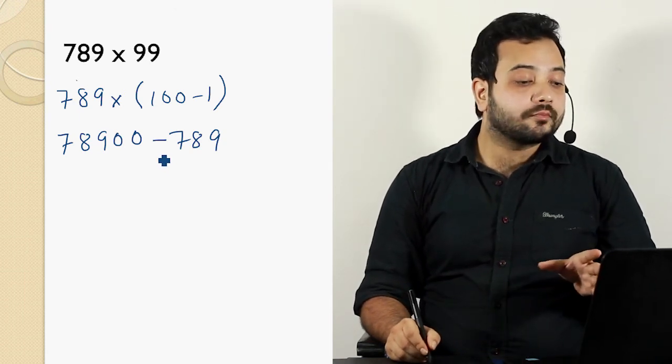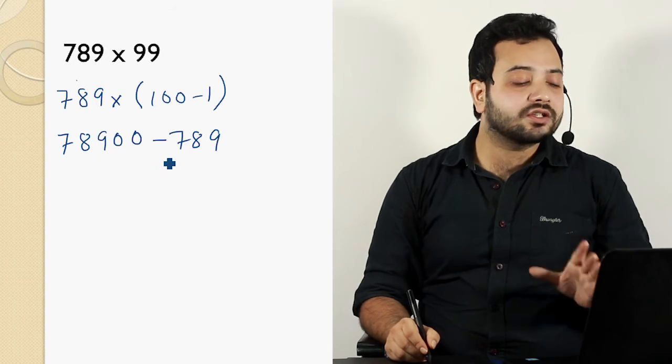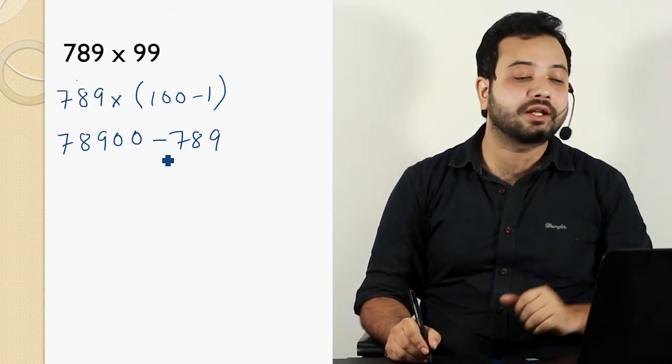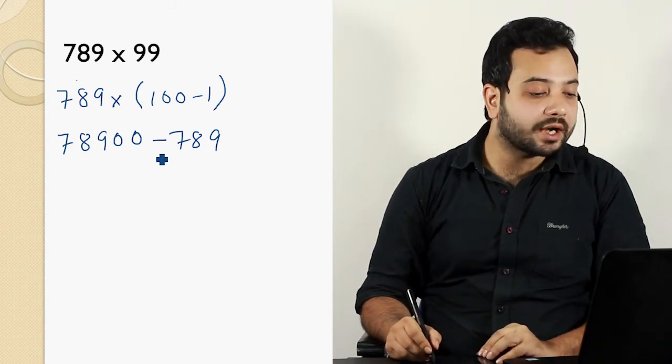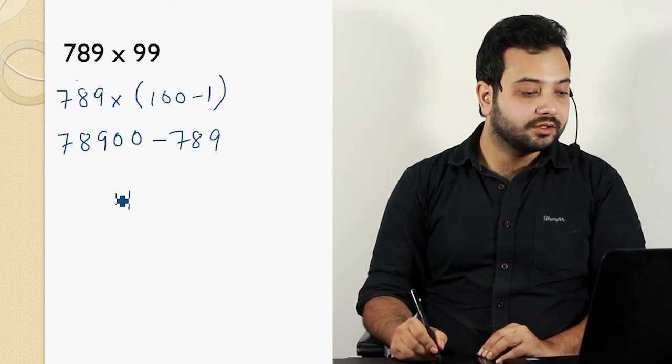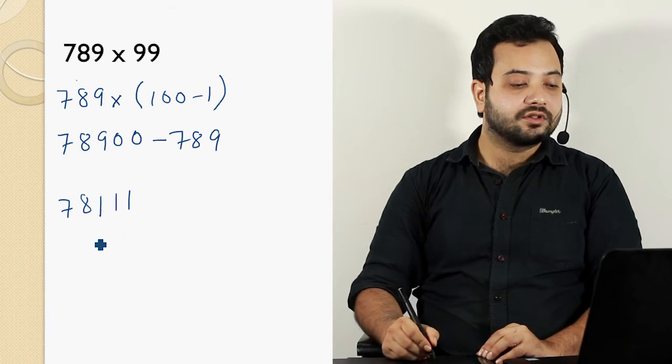This is not going to take much time because subtraction is certainly easier than multiplying these two numbers. If I subtract these two numbers, what I get is 78111. So that will be my answer. And this should also not take more than 5 seconds.